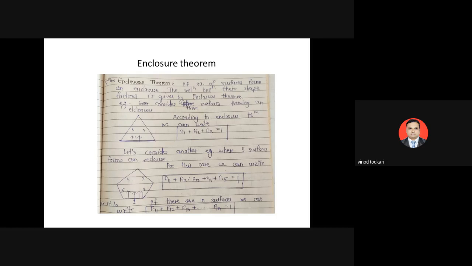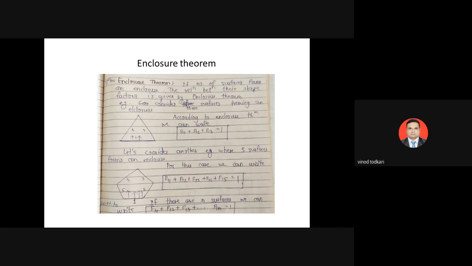Let us take a simple example. Let's say that this is an equilateral triangle. Let's say this is emitting 100 watts. Out of this, let's say this is intercepting 50 watts, and this will intercept the remaining 50 watts. So what will be F11? Shape factor of 1 with respect to 1. As it is a flat surface, it will be 0. What will be F12? Fraction of energy emitted by 1 which is intercepted by 2.